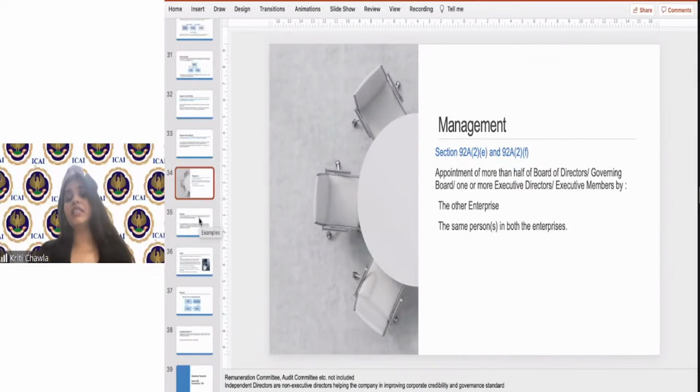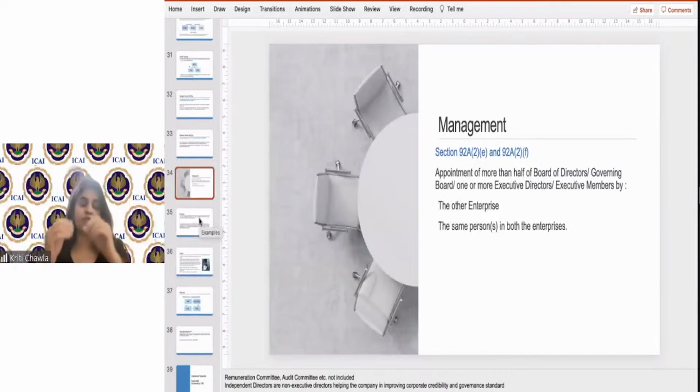Now, section 92A2F is also similar. It says that even if there is one person and this one person is appointing more than half board of directors in one company, and the same person is appointing more than half board of directors in company 2, well, then company 1 and company 2 will become associated to each other.